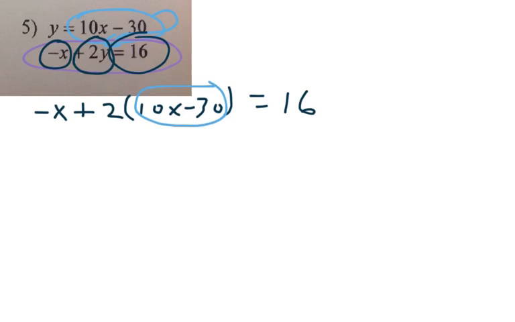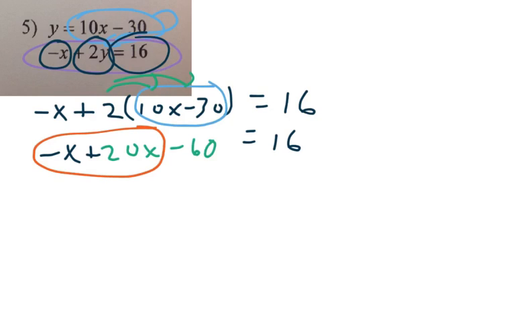And notice all I did was rewrite the purple equation, in other words, with the other light blue y inside the purple y. Okay, so now let's just clean up our mess. Hopefully you realize right here I better do distributive property. 2 times negative 30 is negative 60. And I still have my negative x. I still have my equal 16 at the end. Now notice I have some like terms.